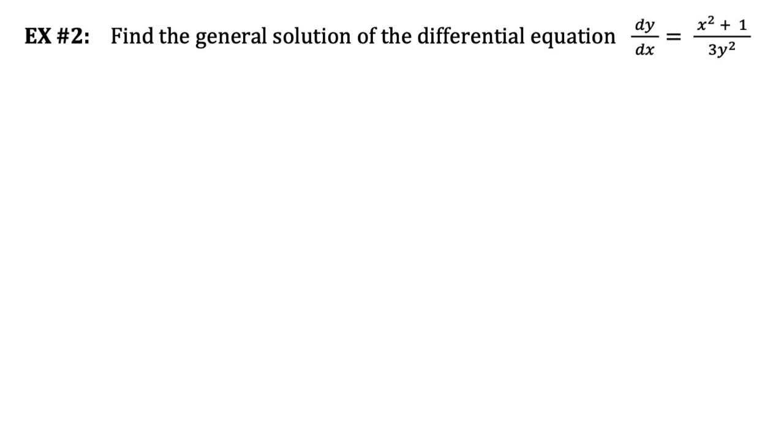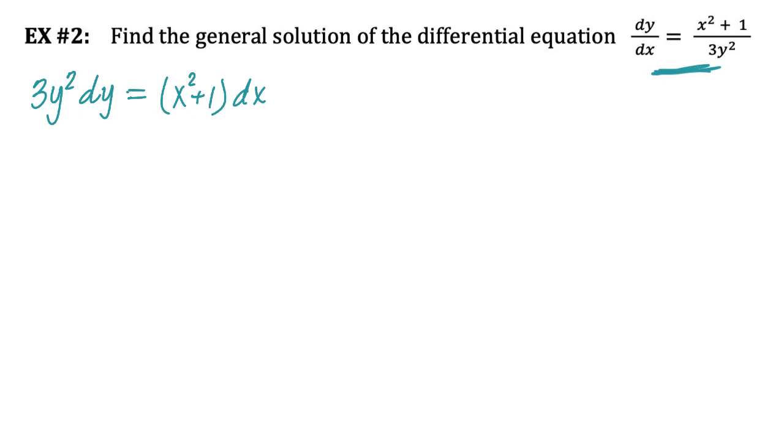All right, so starting off again, let's go ahead and see if we can get everything separated. So it looks like on one side we're going to have 3y squared dy, and then over on the other side we're going to have x squared plus 1 dx.